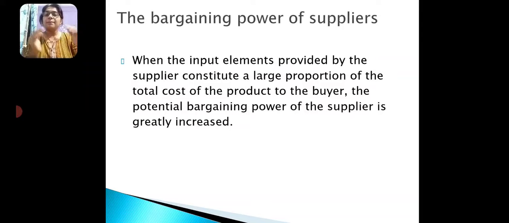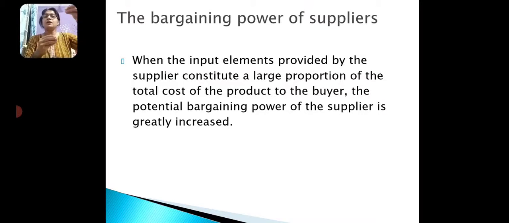Again, suppose there is a small number of suppliers in that particular industry, then you have to abide by whatever terms and conditions they say. If there are more suppliers in the market, then you have a better position as a business. If there are fewer suppliers, then you have to abide by their terms and conditions.